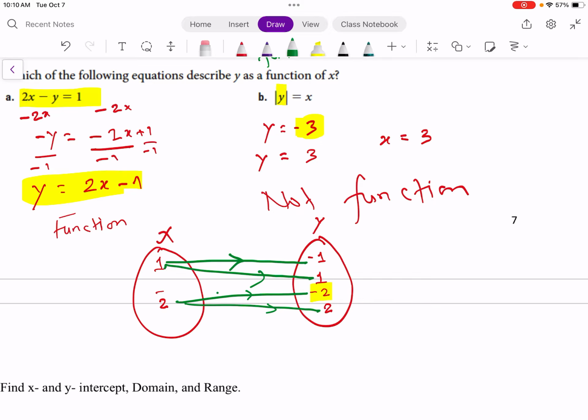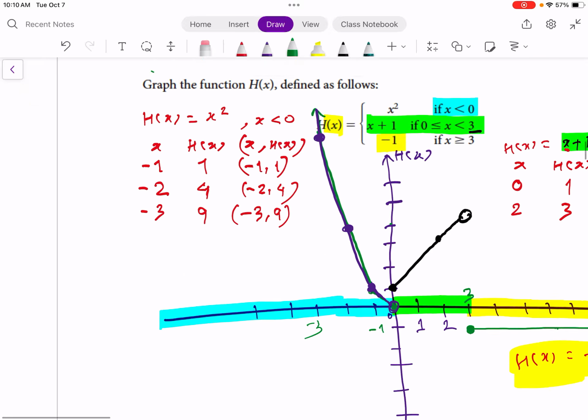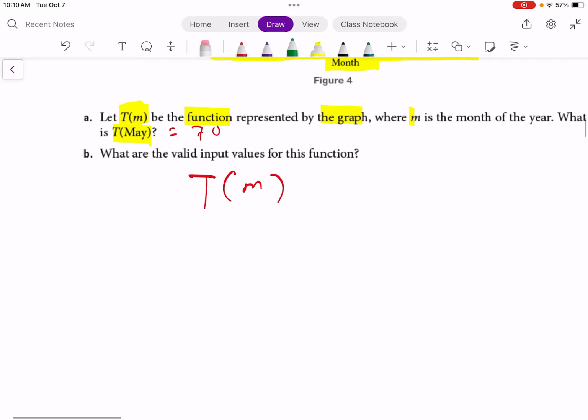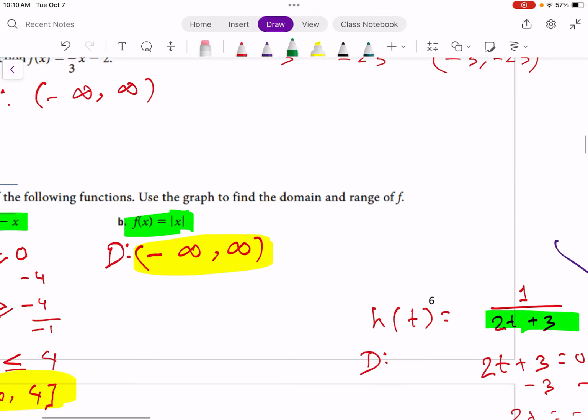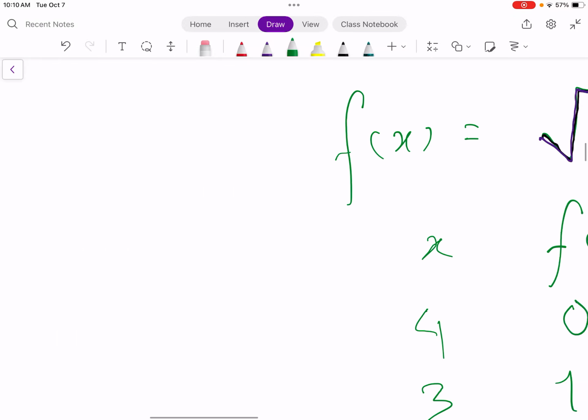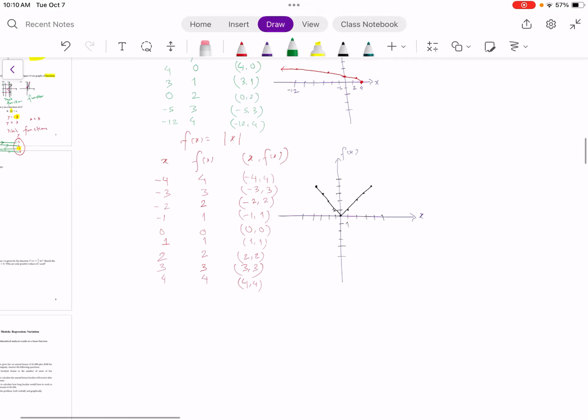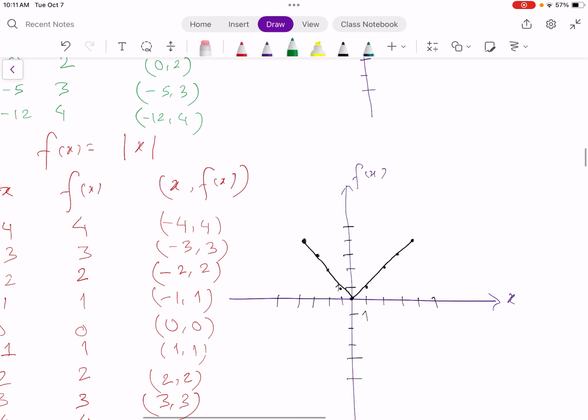Not in this case. Now, if we go back to our previous one, we had a graph. This is also our absolute value function, right? So we have f of x equals absolute value of x. But this is a function. And how do we know this graph is a function? We use a vertical line test. If we draw a vertical line anywhere, it crosses at one point.